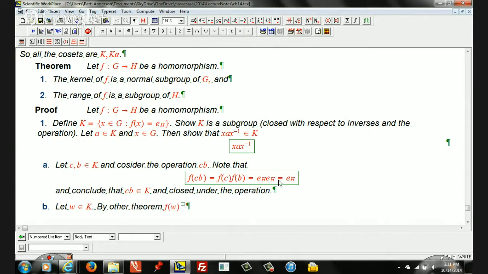F of W, W inverse is equal to... But what do we know about F of W inverse?